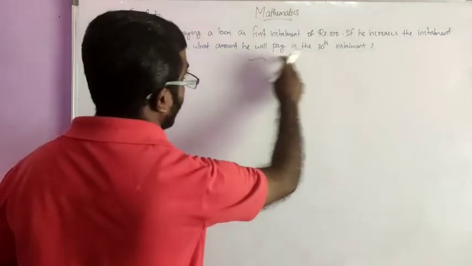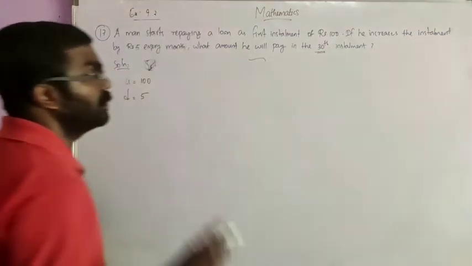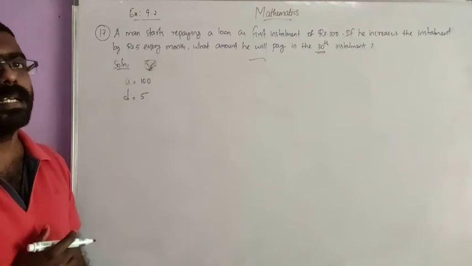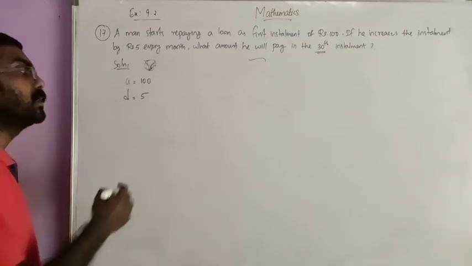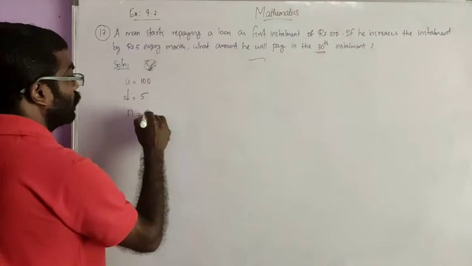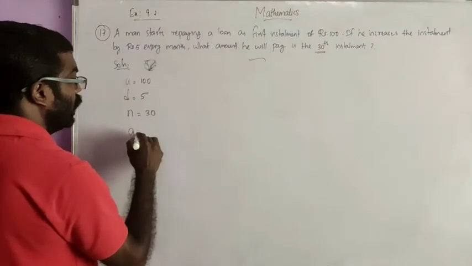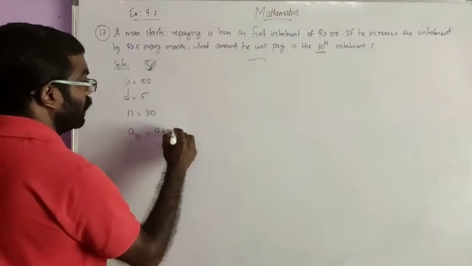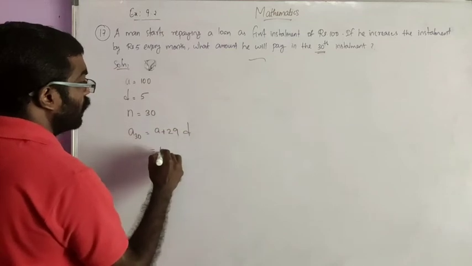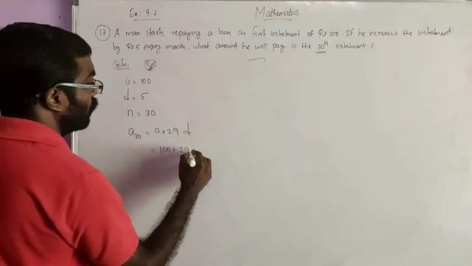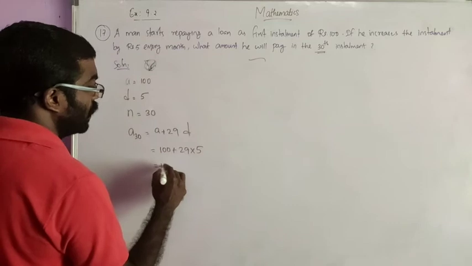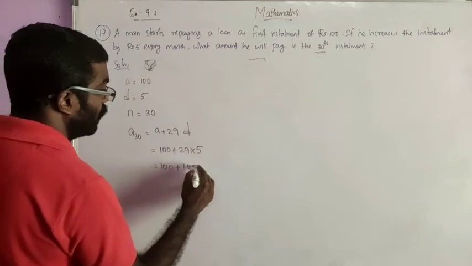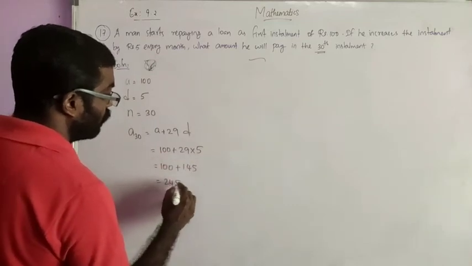What amount will he pay in the 30th installment? That means we have to find the 30th term of this arithmetic progression. So here n is equal to 30 and a30 is equal to a plus 29d. Here 100 plus 29 into 5, that is 100 plus 145, which gives 245.